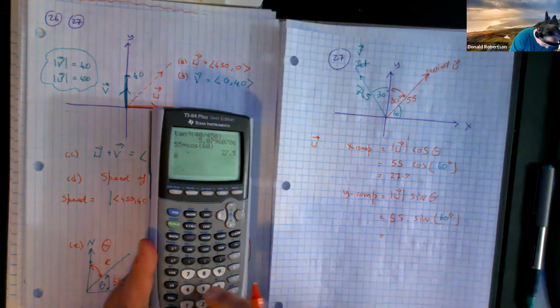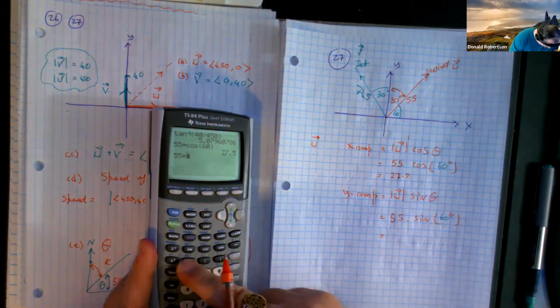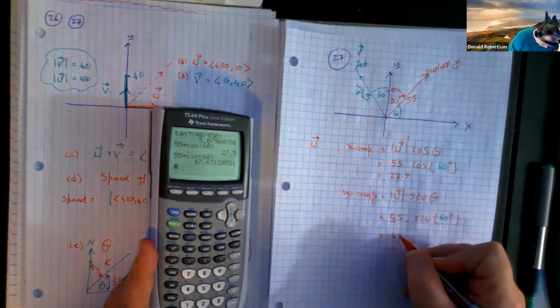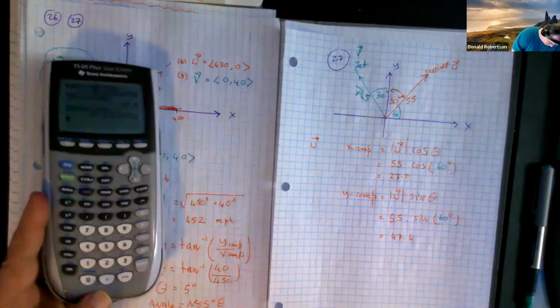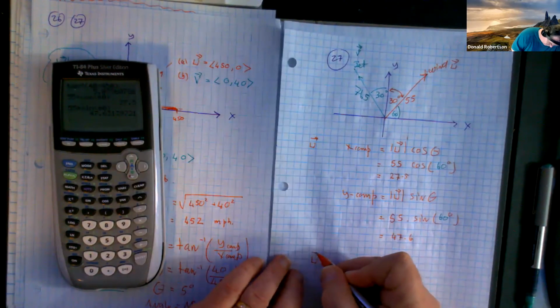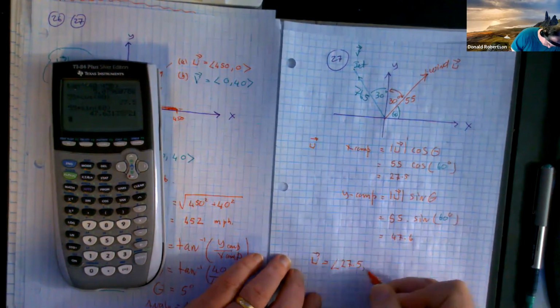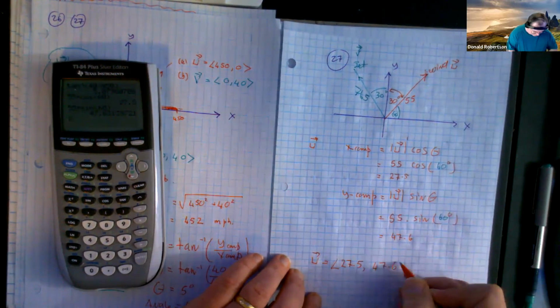And 55 times the sine of 60, and that's going to be 47.6. So the vector U in its component form is that guy and that guy.